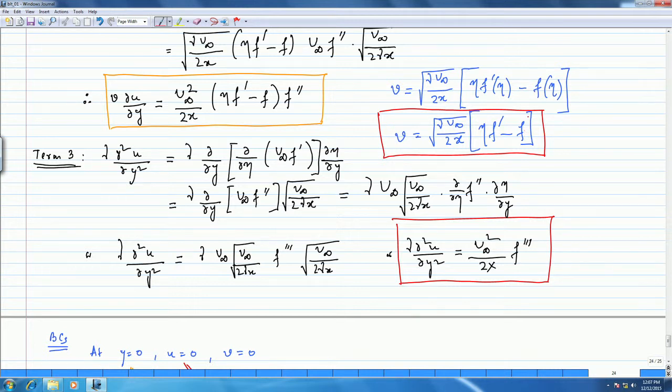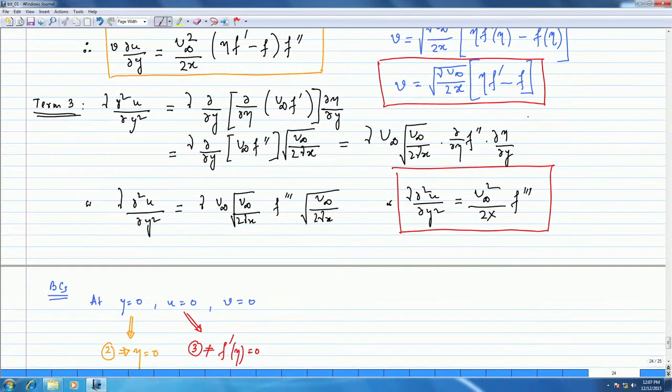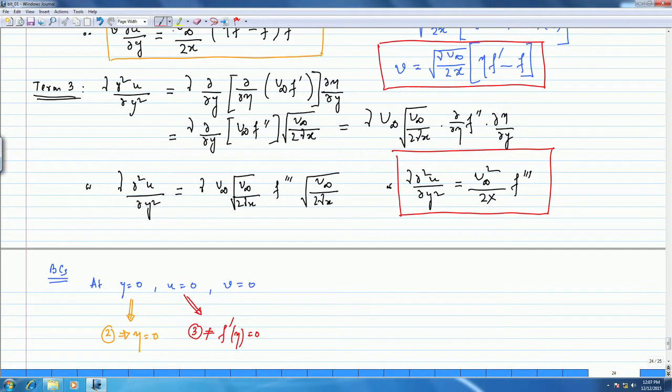Because in this expression, now what I essentially have is that v is 0. So let us write this as an expression, this is 4.